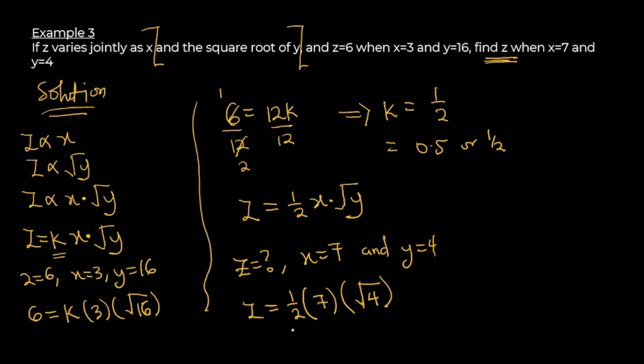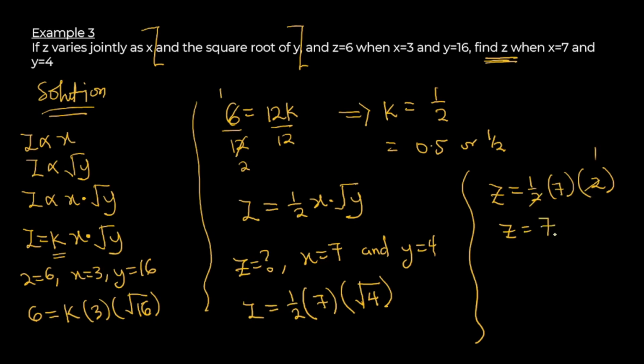So z is equal to half multiplied by 7 multiplied by the root of 4, which is equal to 2. The 2 here will cancel, giving me 1. So 1 multiplied by 7 multiplied by 1 will still give me the value 7. So when my x is 7 and my y is equal to 4, the value of z is also equal to 7.